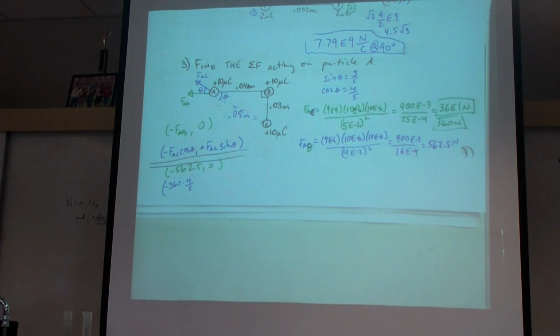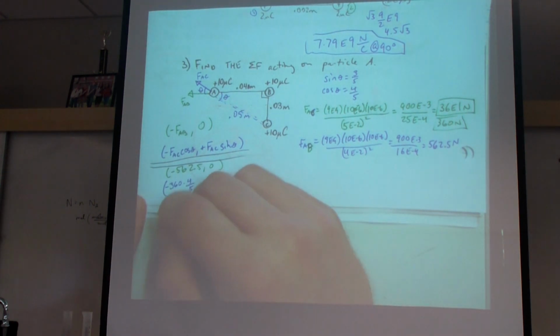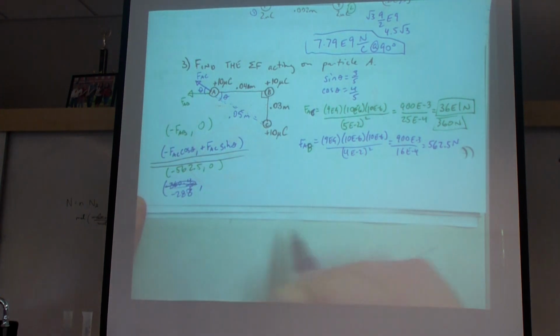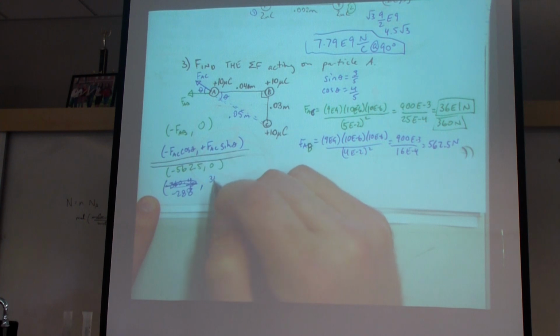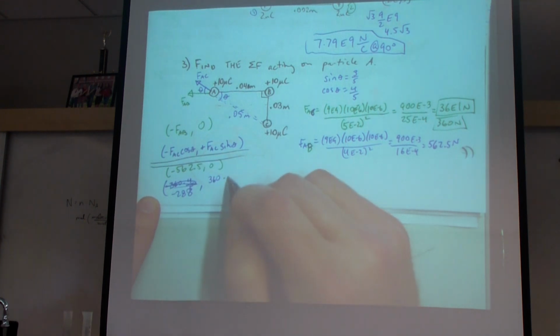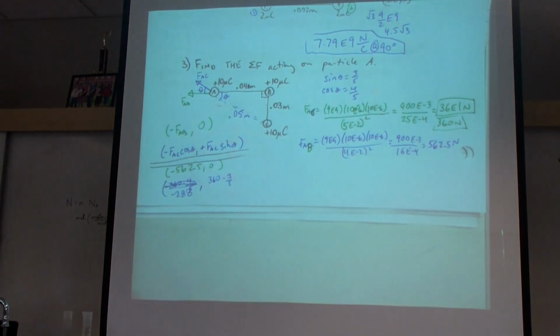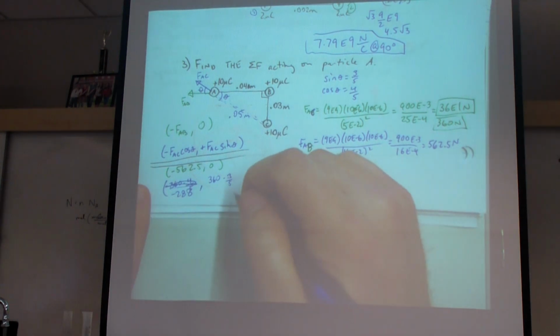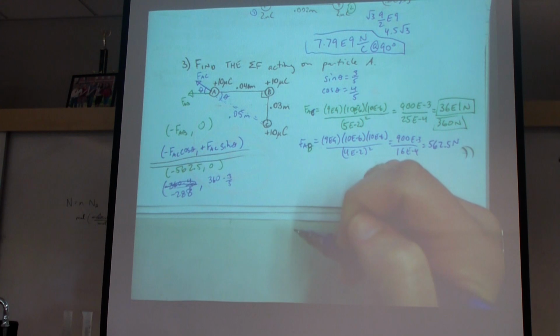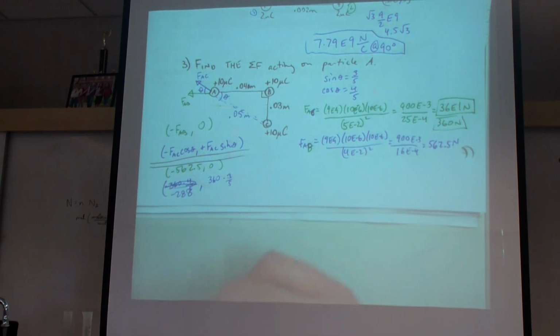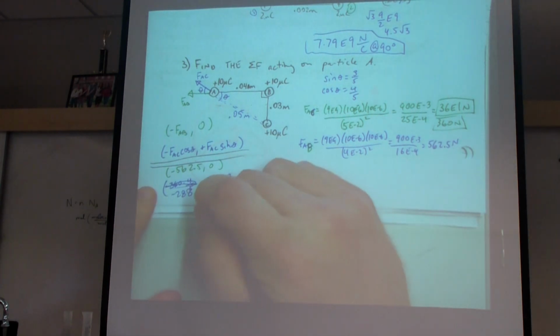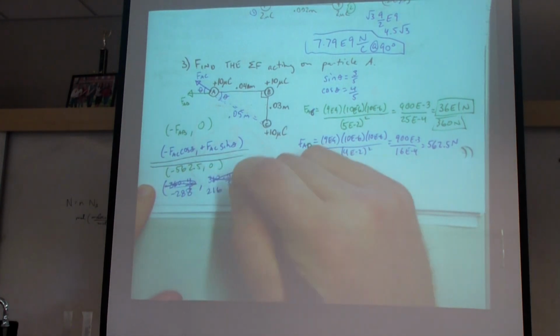A fifth of that's 72. 72 times 4 is 288. Calculators are for suckers. So I get negative 288. And then I get 360 times 3/5. So I go 216. 72 times 3, 216. There you go.